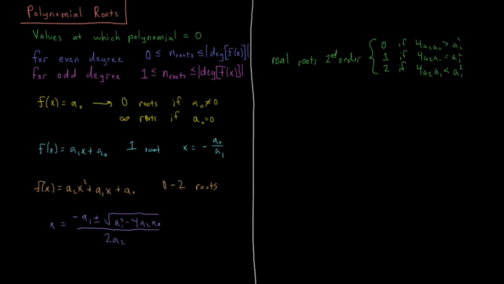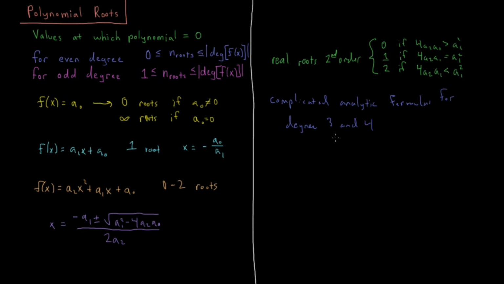Okay, so then what do we do for beyond second order? So there are complicated but analytic, meaning exact solutions, formulas for degree 3 and 4.